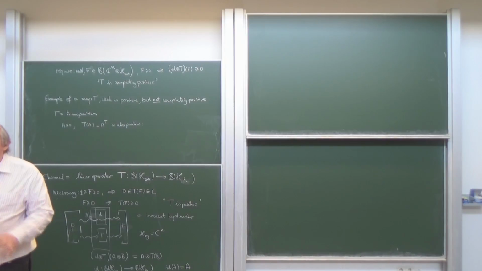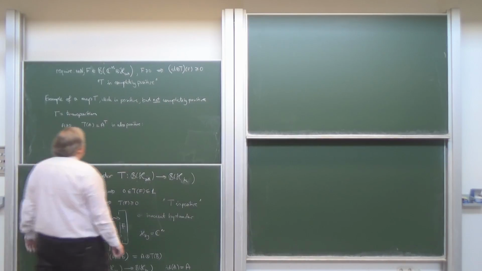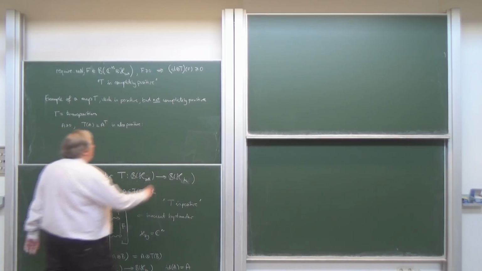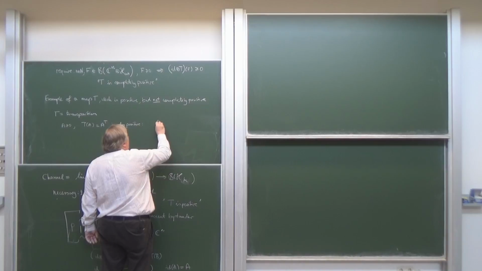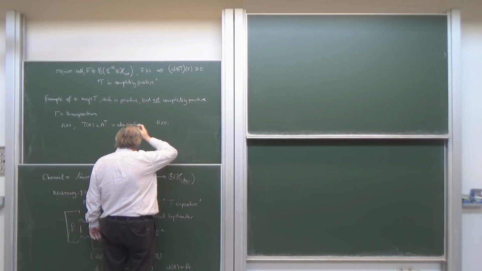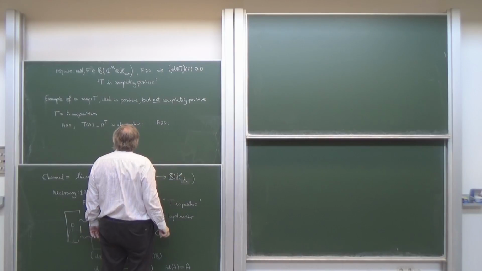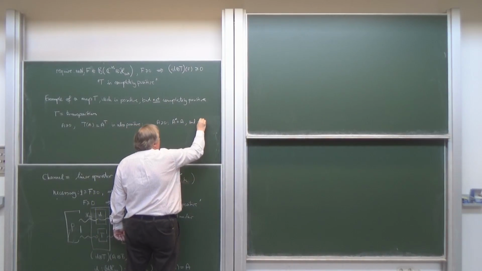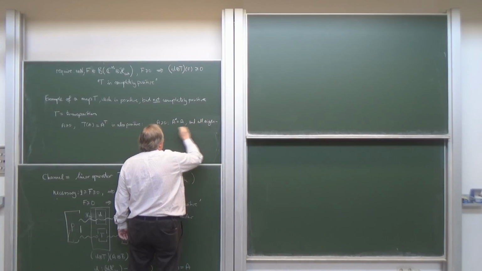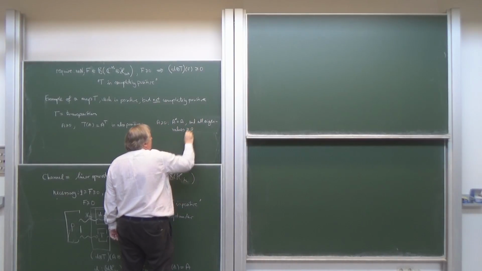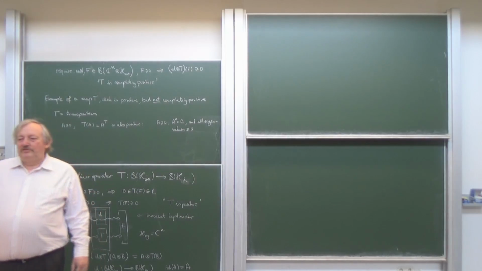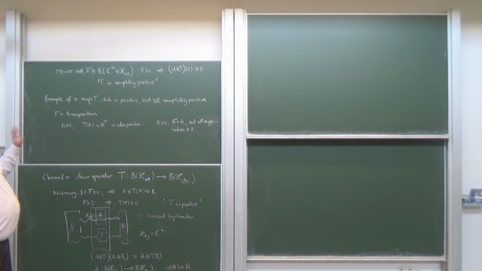Because I think you should have learned that in your quantum mechanics lecture, but for the moment, A positive just means that these are Hermitian matrices that have positive eigenvalues, or positive spectrum. We are in finite dimension here, so we can just talk about eigenvalues.